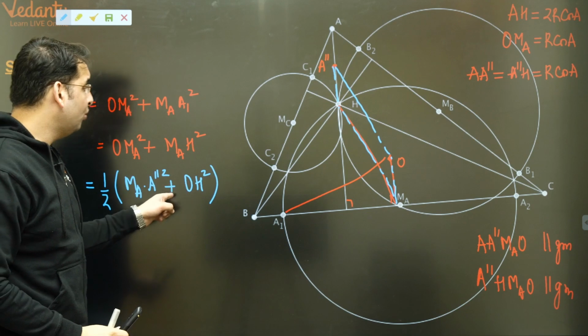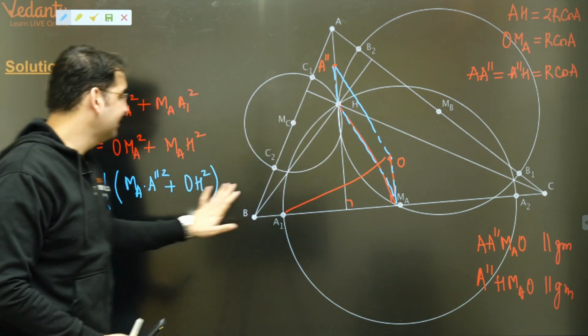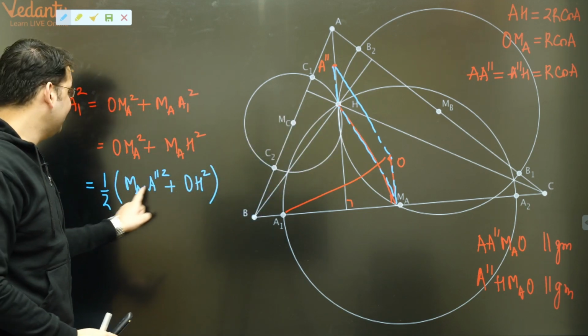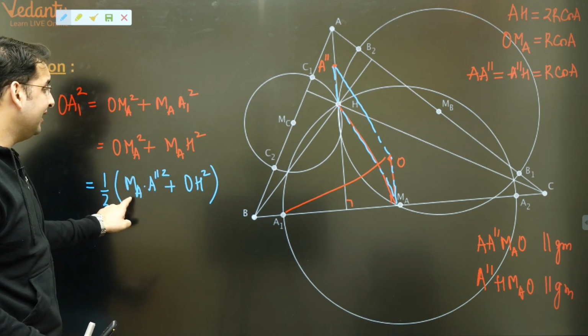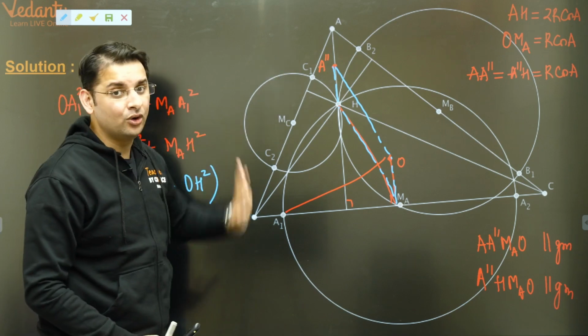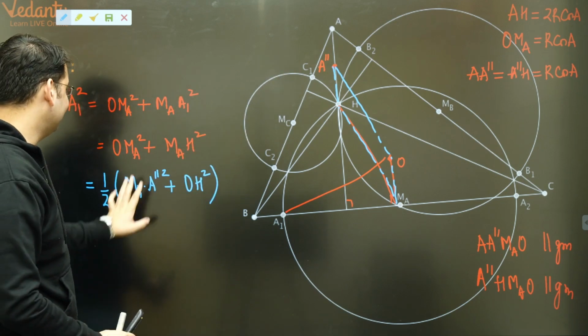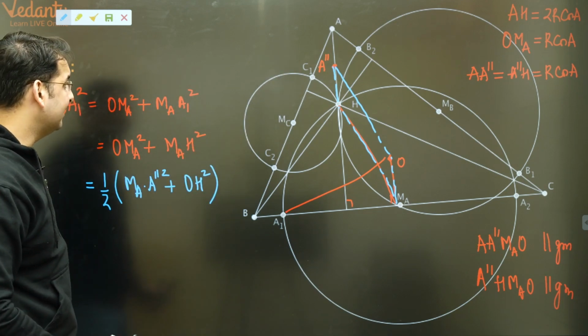Now for a triangle, O and H are fixed points, so OH we need not worry about. We need to see if this can be written in general terms, because here A and A double dash are involved. So if we somehow simplify this and write it, I think we're done.